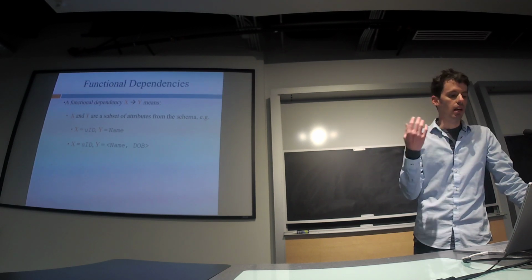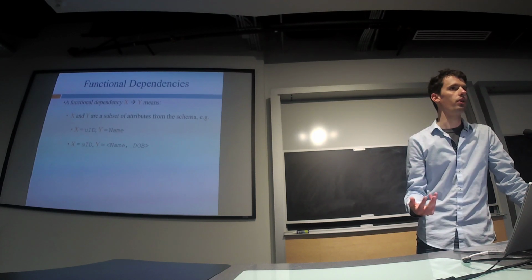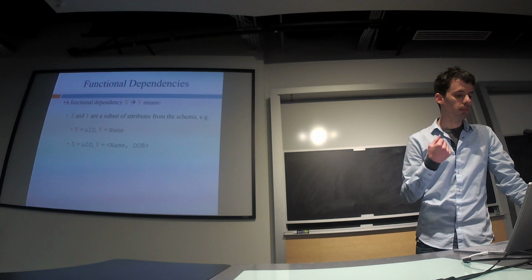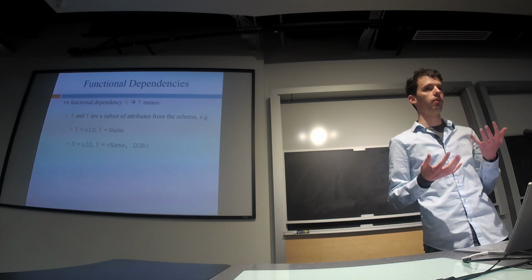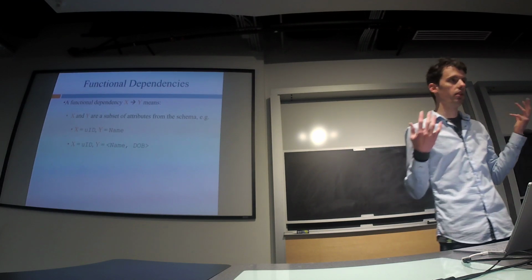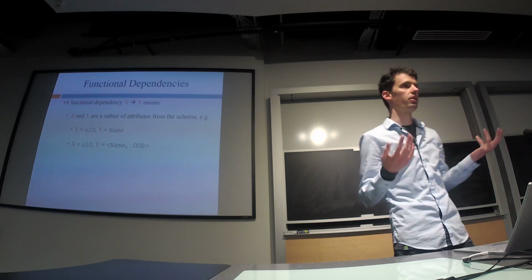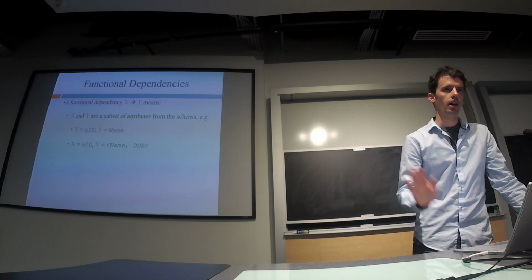So maybe as an example, X is UID and Y is name from the students relation. Or X is UID and Y is the combination of name and date of birth. So these are just subsets of fields, of columns, from some table. Okay, so this is not the full definition.